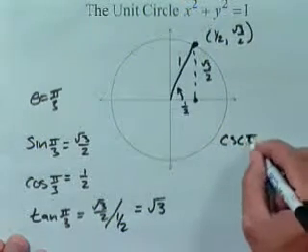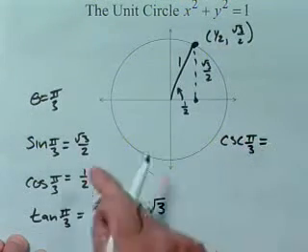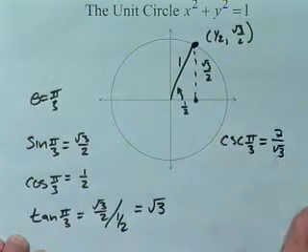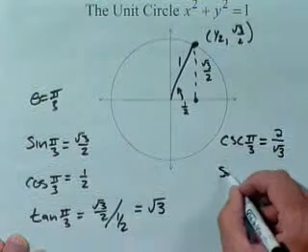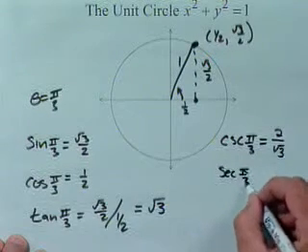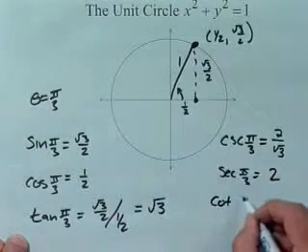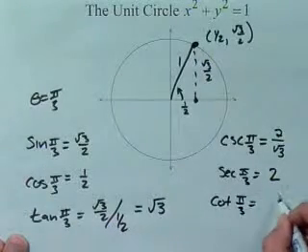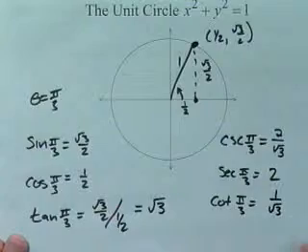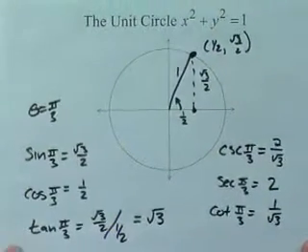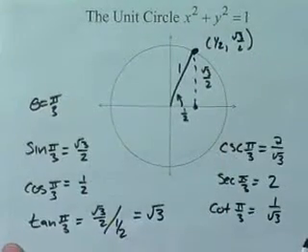Cosecant of pi thirds is going to be the reciprocal of sine, etc. Secant of pi thirds is 2 over 1, and cotangent of pi thirds is 1 over square root of 3. So notice how easy that was if we could find the corresponding point on the unit circle.